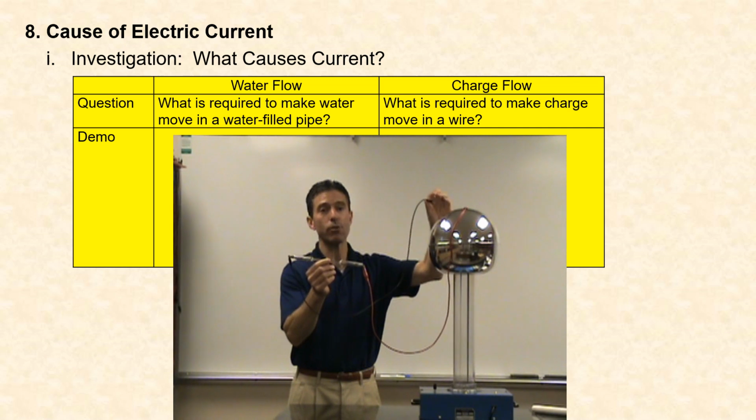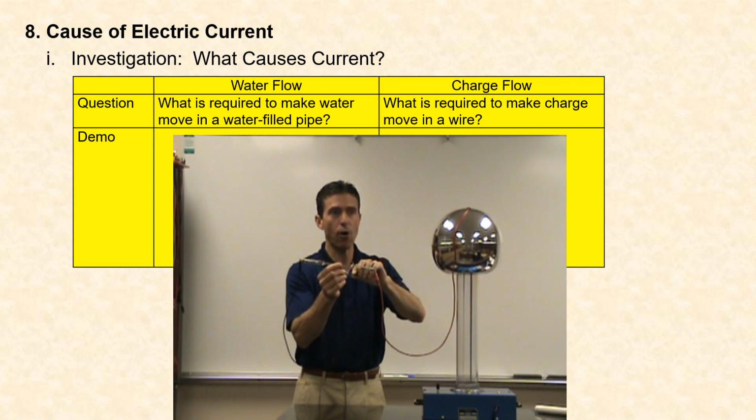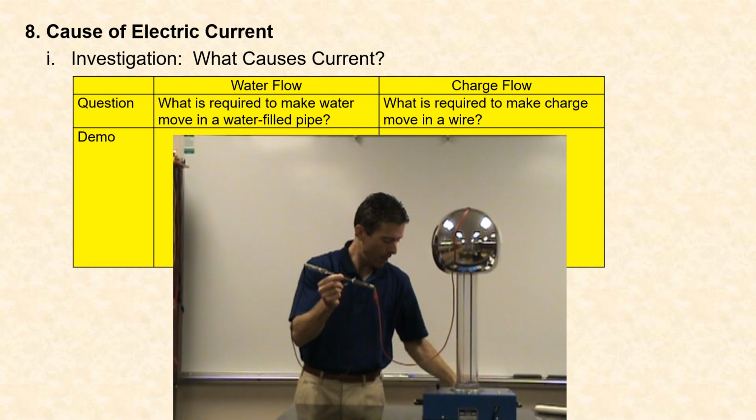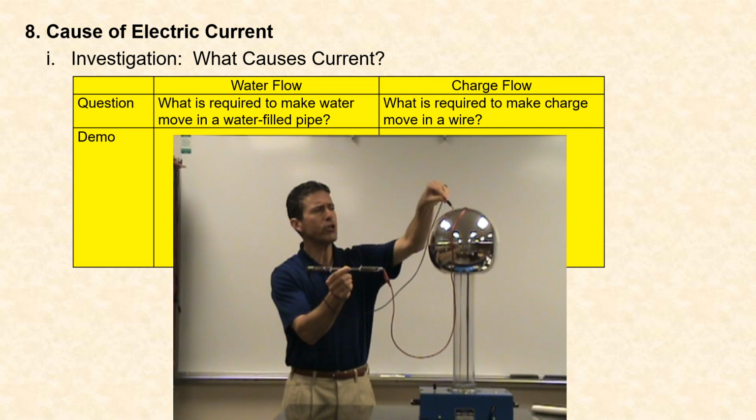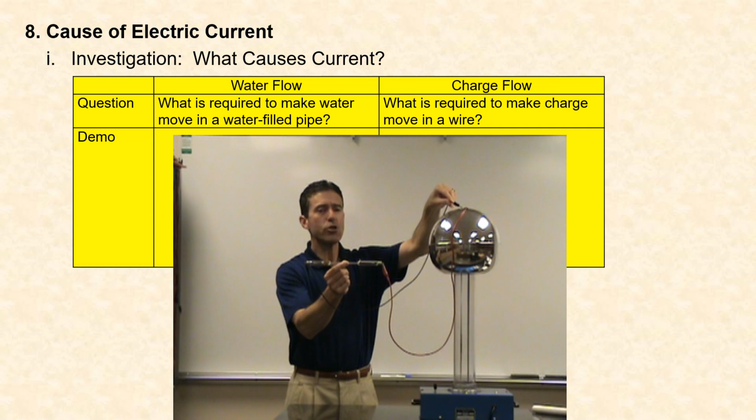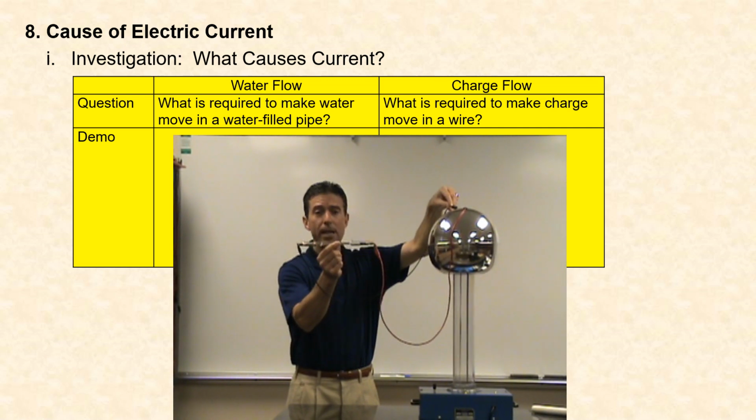Let's say 50,000 volts of electrical pressure on the dome. Let me turn this on, and you'll notice that while there's a lot of electrical pressure here, there's no difference in pressure across the ends of this tube, and because there's no difference in electrical pressure, we're not actually getting charge to flow through the tube, and therefore you can't see any light in the spectrum tube.